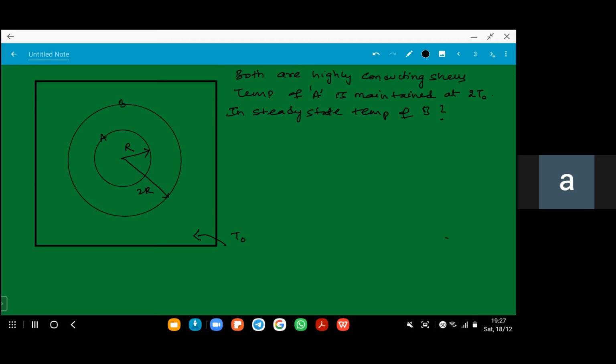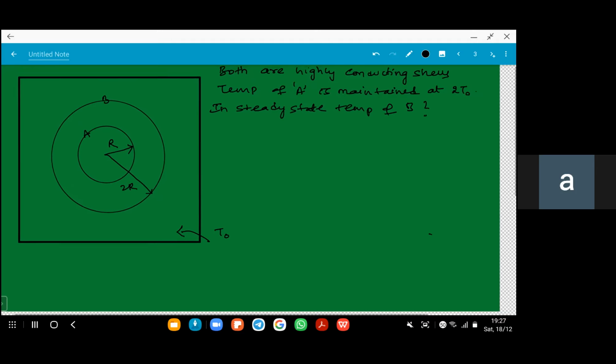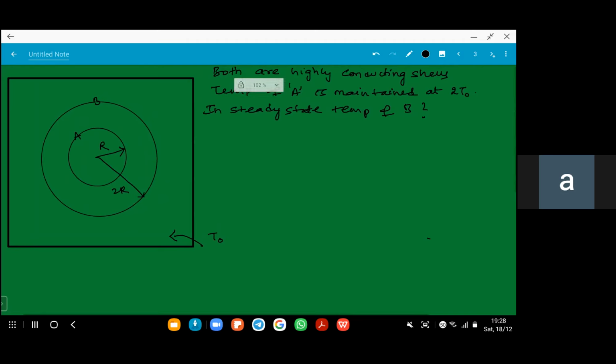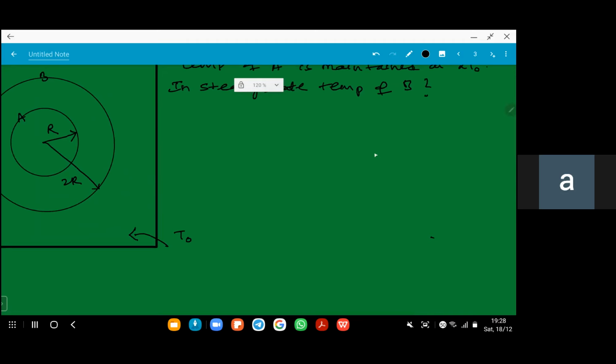Well, how to handle this problem? Now, my entire focus is on shell B. See, I am just showing only a portion of this.